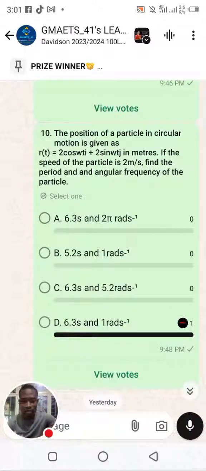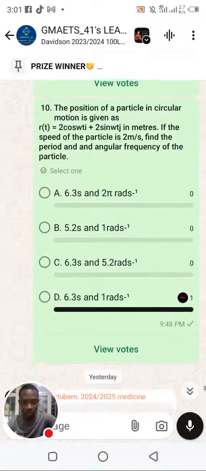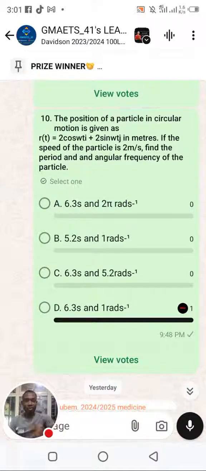We keep moving. No time. Classes will be ongoing online on GMAS 41's platform till we resume. You can see this question number 10. Very wonderful question. The position of a particle in circular motion is given as r(t) equals 2 cos(ωt) i plus 2 sin(ωt) j in meters.